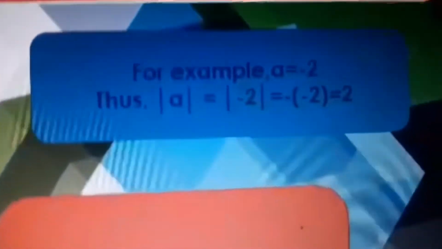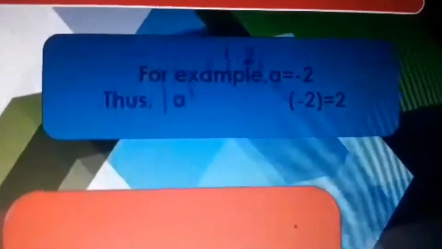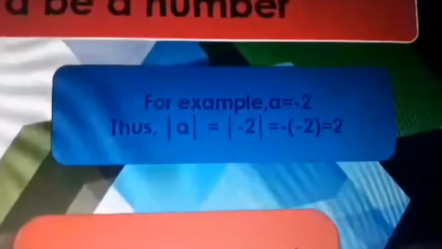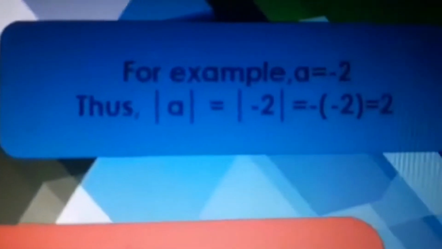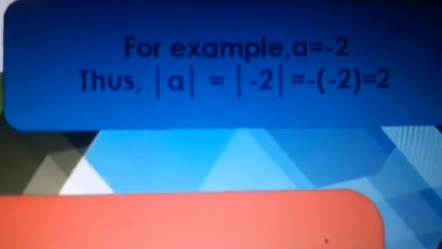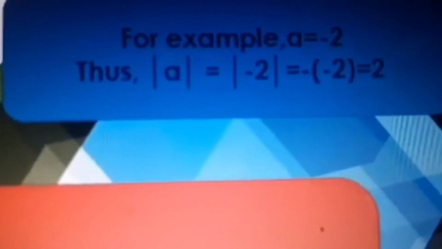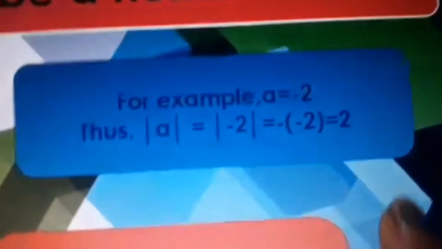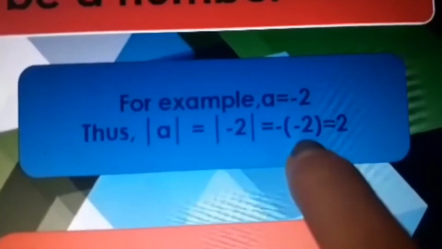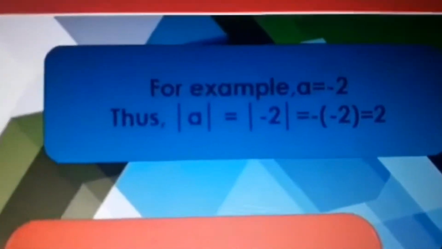Example for that: A is equal to negative 2. Thus, the absolute value of A is equal to the absolute value of negative 2. Therefore, it is equal to negative, you multiply by negative 2. Therefore, the answer is 2.